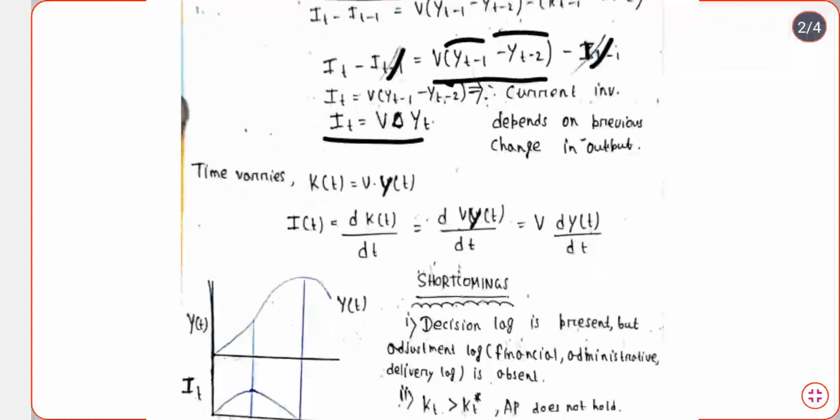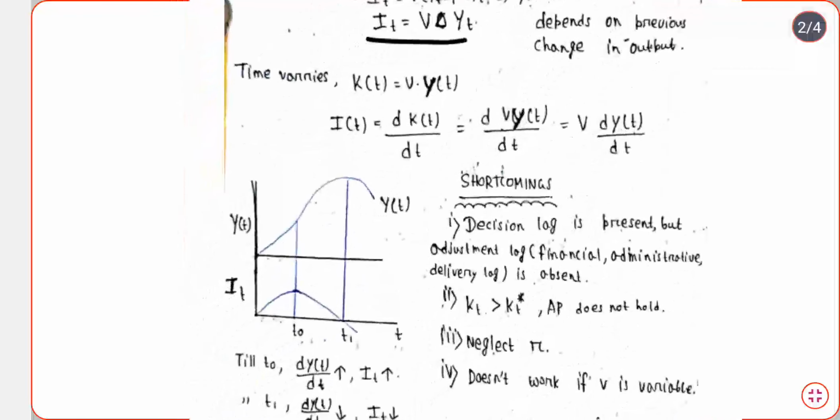Now, as we know that time varies, we are just taking that kt is equal to v into yt, as we have written in the earlier portions also.